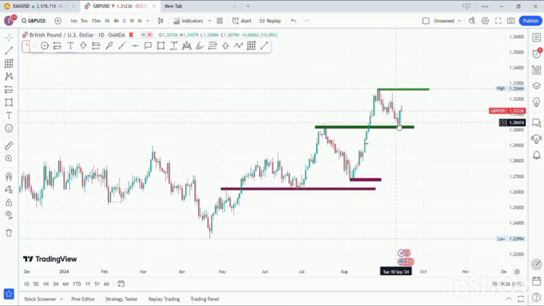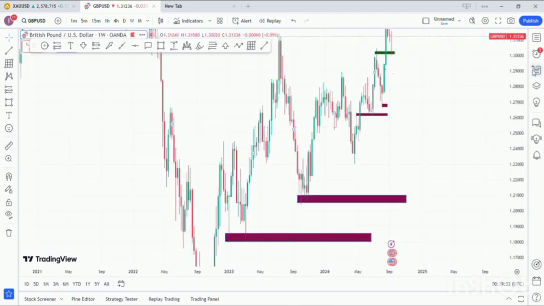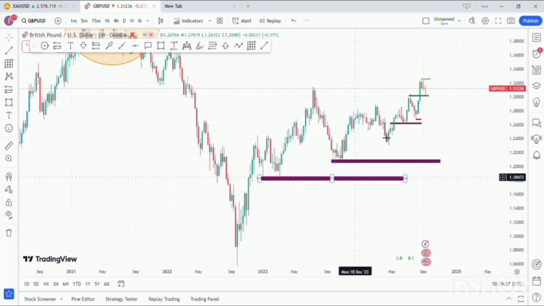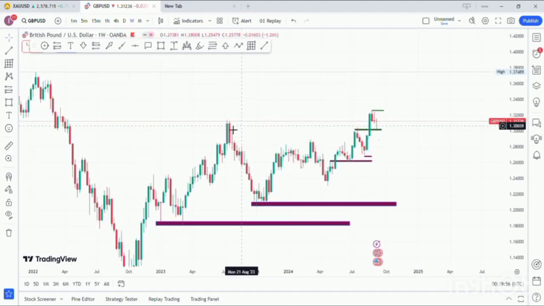But before we dive in, we are going to take a look at the weekly time frame right here. As you can see, on the weekly time frame for GBPUSD, price is currently on an uptrend. If you look closely, we discover that price broke out of this resistance. We could count this as a previous resistance, and price broke out of it right here.